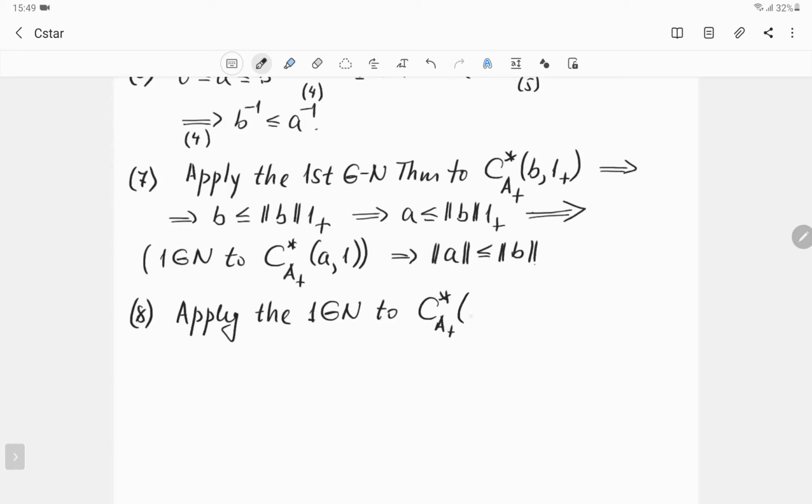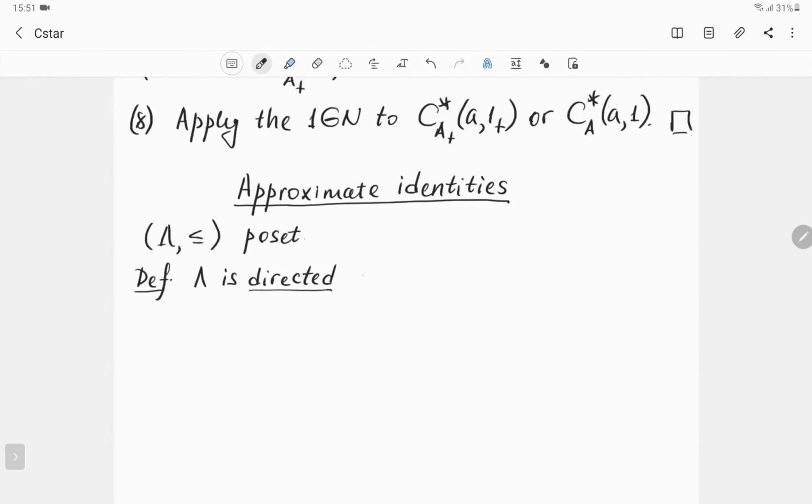We say that lambda is directed if for any two elements in the set, lambda and mu, there is another element which dominates both lambda and mu. In Russian, directed is направленное множество.